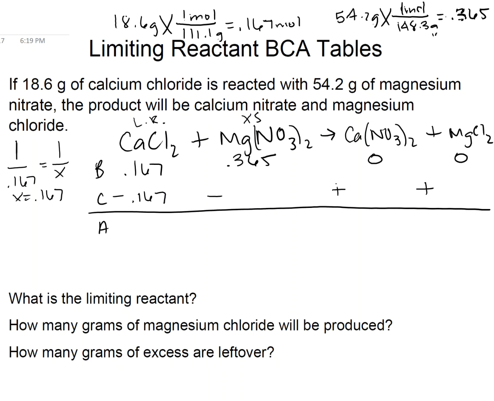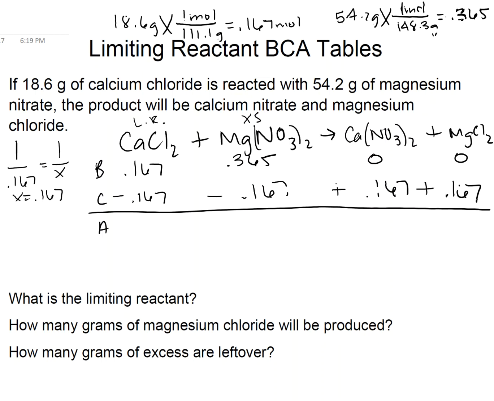If they all have the same coefficient of 1, we can plug in the same change row number for all of them. So 0.167, 0.167, 0.167 moles.